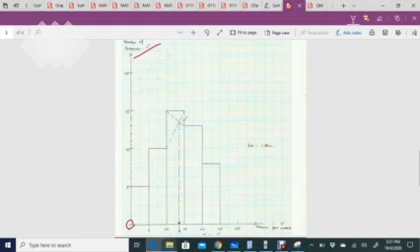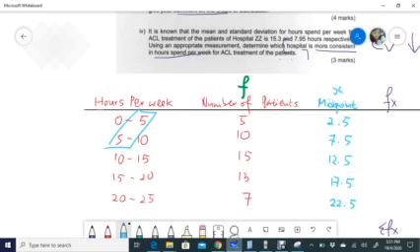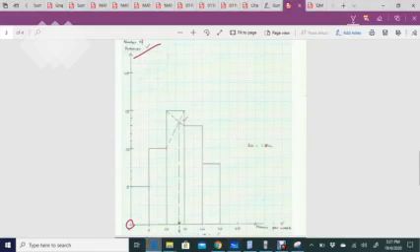So 0 to 5 is 5, so you have 5, until 5. Then 10, so just underline, just one line. Here you got 15, so draw a line across it.